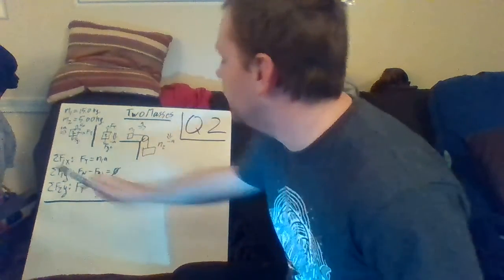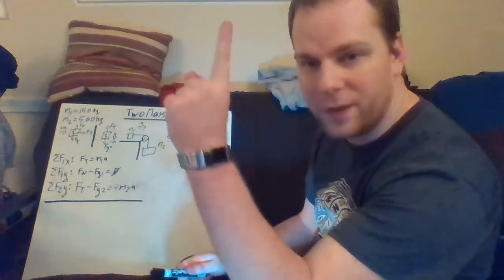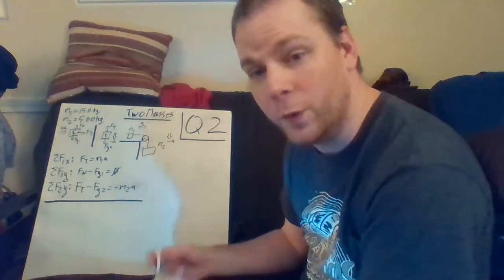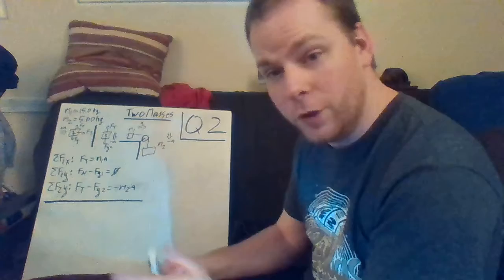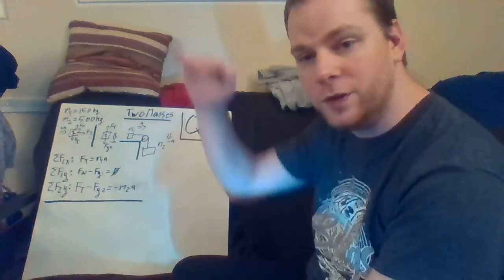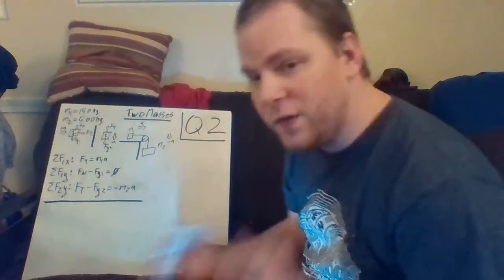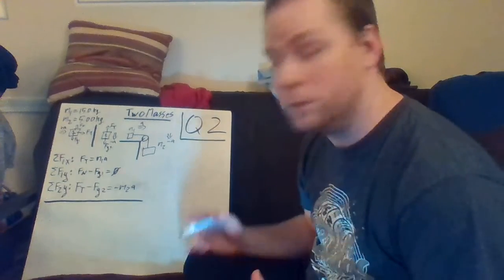So that's x. In y, we have the positive normal force minus the negative gravitational force, or weight, which is going to be equal to 0 because it is not moving in this direction at all. It's sliding this way. Now, because there is no friction, we do not need this equation.